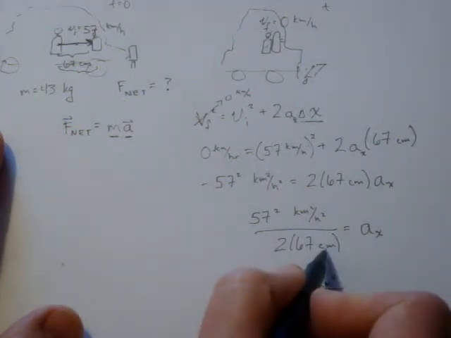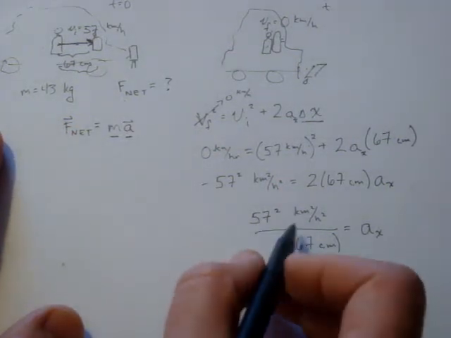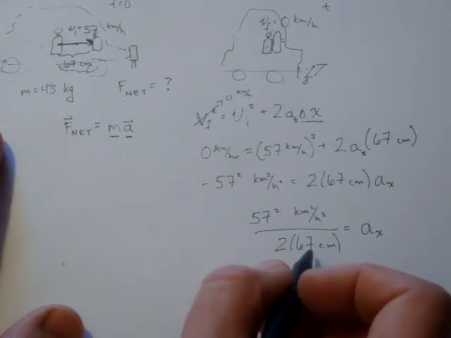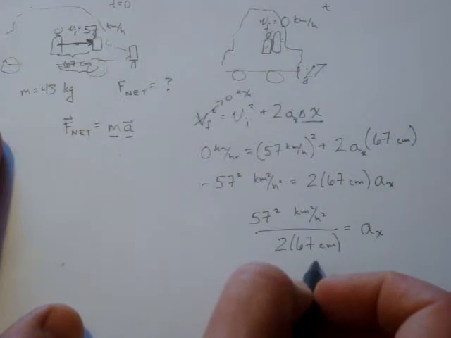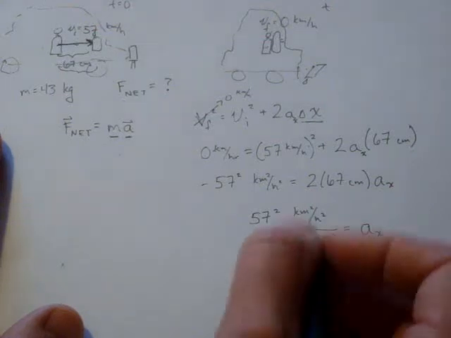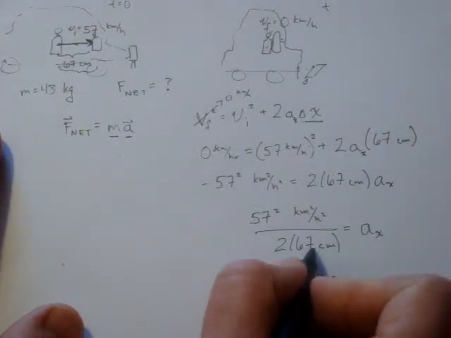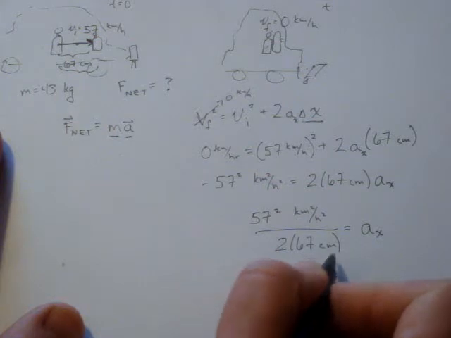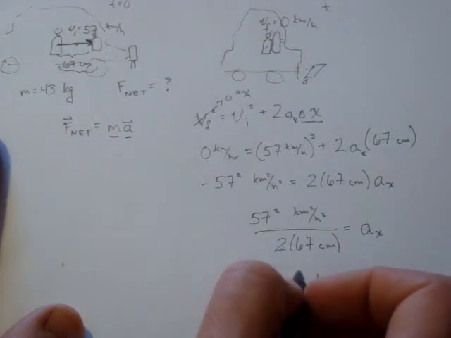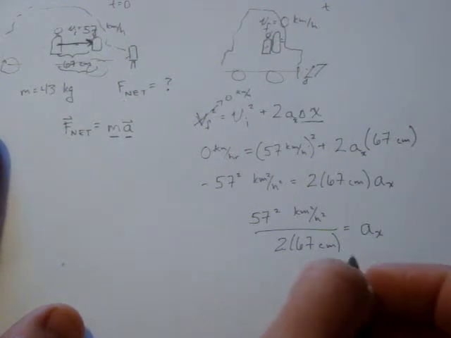So what we need to do is either convert this value into centimeters or this value into kilometers, or we can convert both of them into meters or something like that, right? So we could do one of those things. This is actually 67 centimeters, which is 0.67 times 10 to the negative third kilometers.